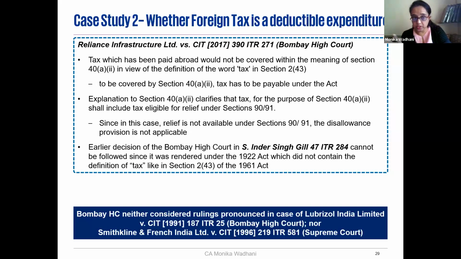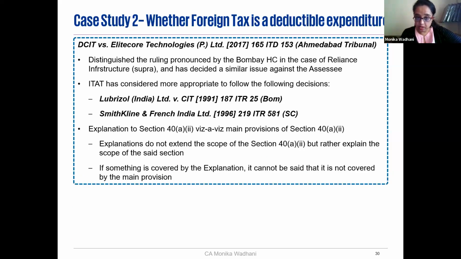So Bombay High Court in case of Reliance Infrastructure has held that for the purpose of section 48(2), you have to see the meaning of the tax as per 2(43), which is Indian income tax and not foreign tax, and therefore foreign taxes are not covered under 48(2) and therefore eligible for deduction under section 37. However, Bombay High Court has not considered the rulings which are pronounced in case of Lubrizol and in case of Smithline by Honorable Supreme Court.